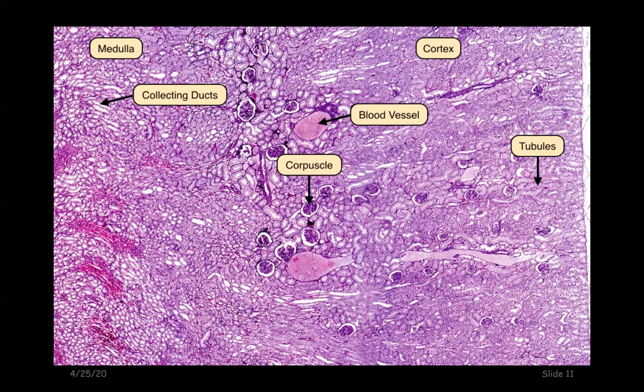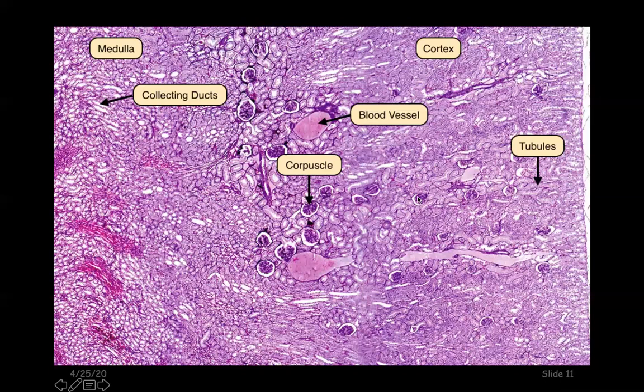So you'll be able to see the renal corpuscles within the cortical region of the kidney, and you'll be able to see the glomerulus, that tuft of capillaries, as well as the renal capsule, that simple squamous epithelium that surrounds the glomerulus, and you'll be able to see this halo, the capsular space.